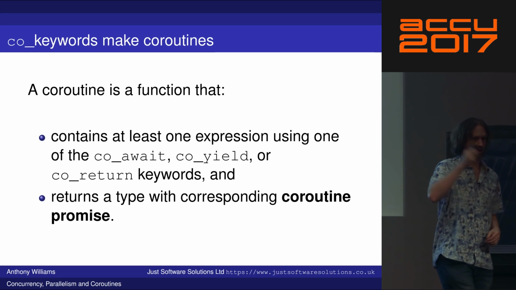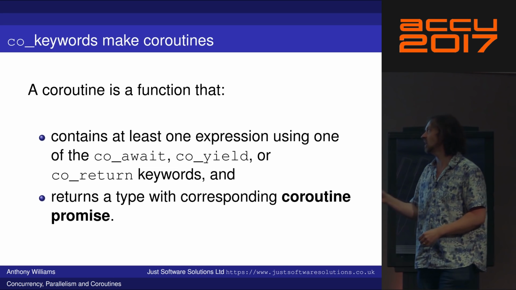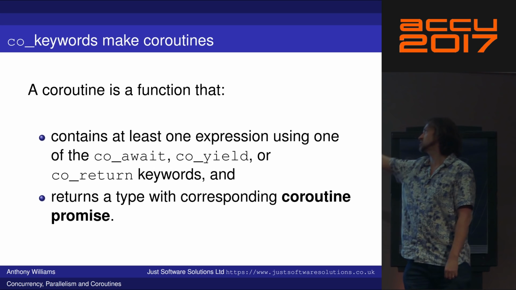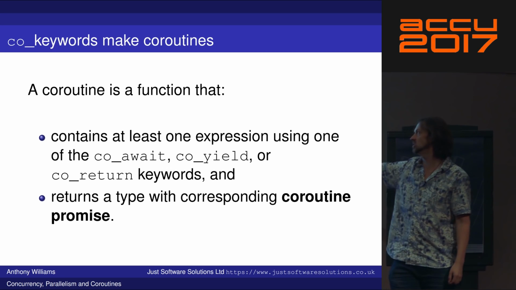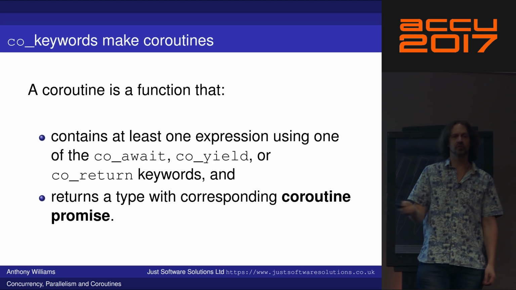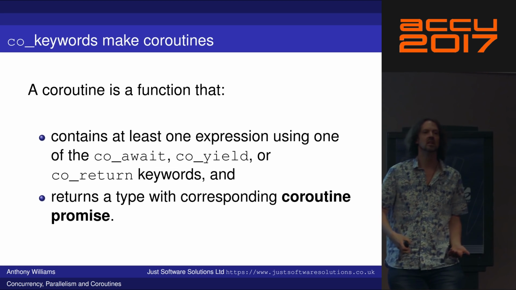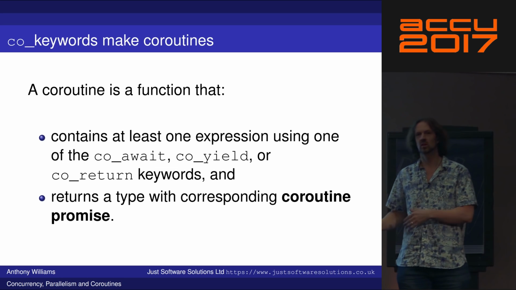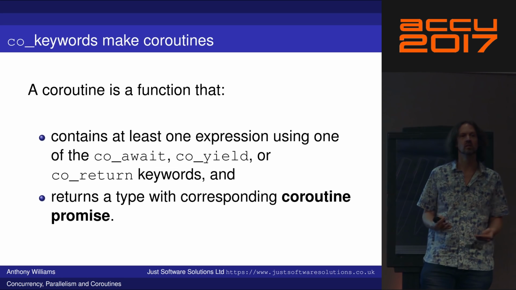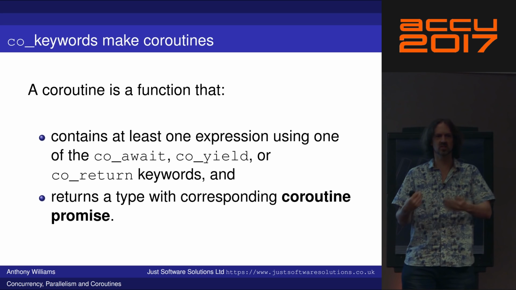So, yeah, coroutines have co-keywords. There's three co-keywords: co_await, co_yield, and co_return. If your function has one of these in, it's a coroutine. If it's a coroutine, it must have one of these in. You cannot, for example, return with a normal return statement from inside a coroutine.